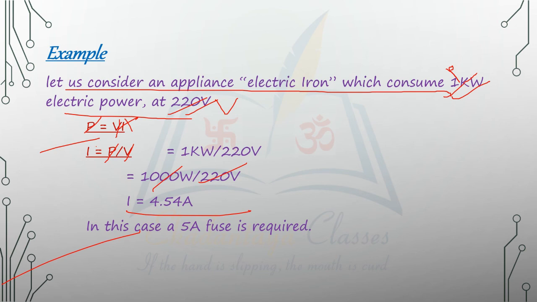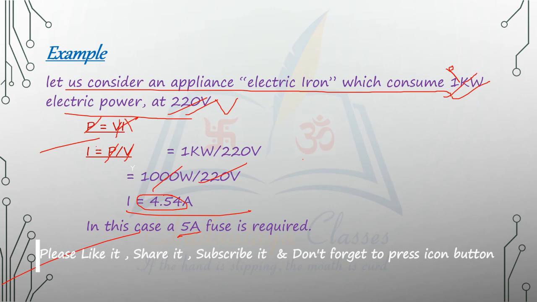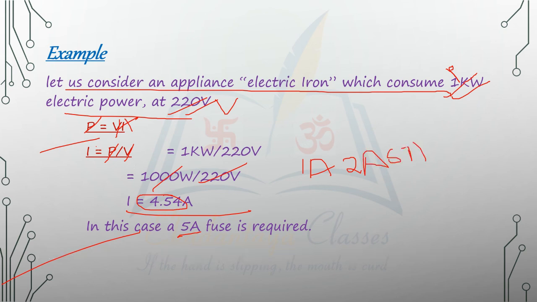So we have to round this, and it will become 5. There is no 4 ampere fuse, only 1, 2, and 5. So we have to use a 5 ampere fuse.